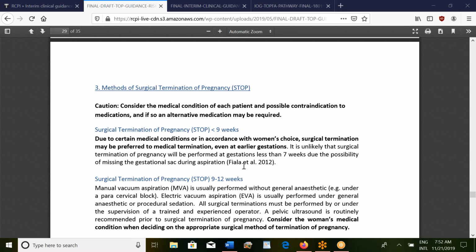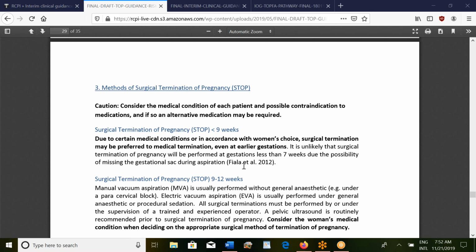But there are certain complications with this. One is mild complications like infection, pain, bleeding, and the serious ones, risk of perforation, because it is a blind procedure, which is about 1 in 1,000, and injury to the cervix. It can be done in less than 12 weeks by manual vacuum aspiration or suction evacuation.